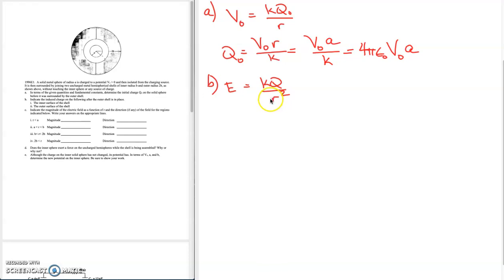Okay. So for the electric field, where Q is in terms of the given voltage, in this case V naught A over K, we're going to have V naught A over R squared, where this K and that K are going to cancel out. Here's our basic expression.